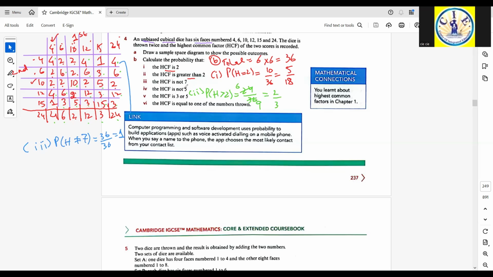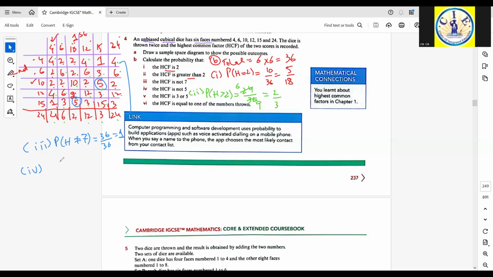The HCF is not 5. For how many times is it 5? Let's calculate that. 1, 2, and anything else? Nothing.